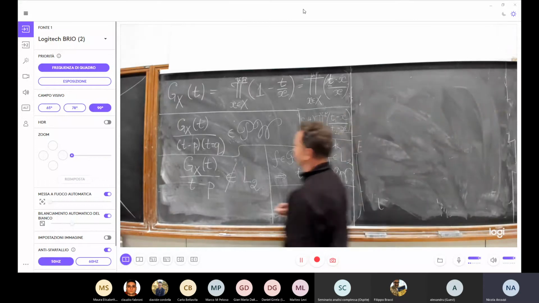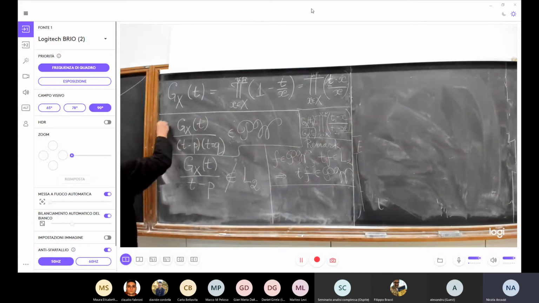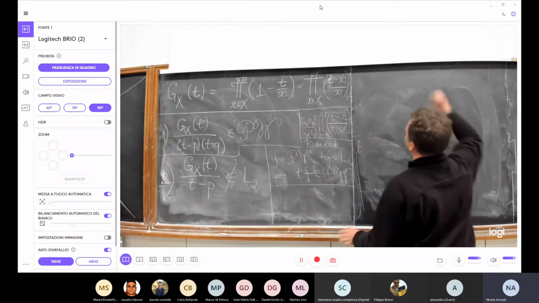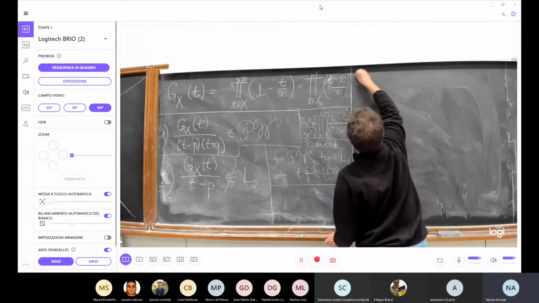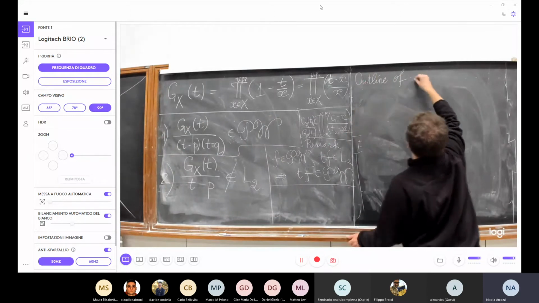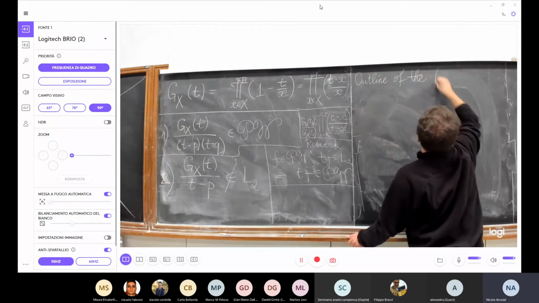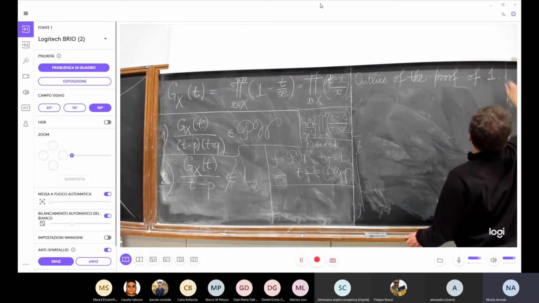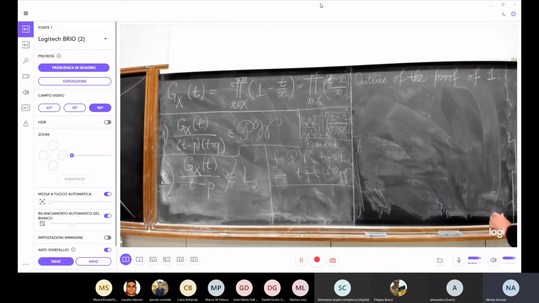Let us say that this is 1, this is 2. Outline of the proof for 1, and it is quite general. You will see that it's quite general.